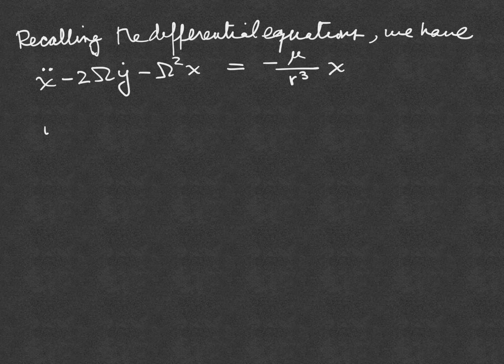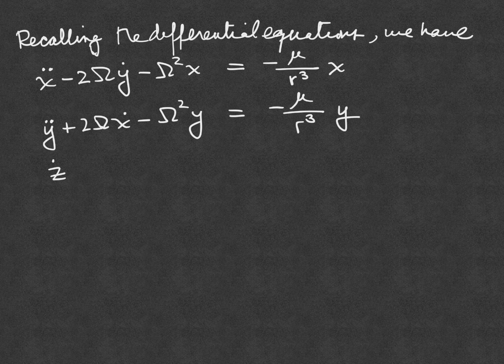The next differential equation is y double dot plus 2 omega x dot minus omega squared y is equal to minus mu over r cubed times y. And then the third differential equation is z double dot is equal to minus mu over r cubed times z. So these last equations can be rewritten as follows.